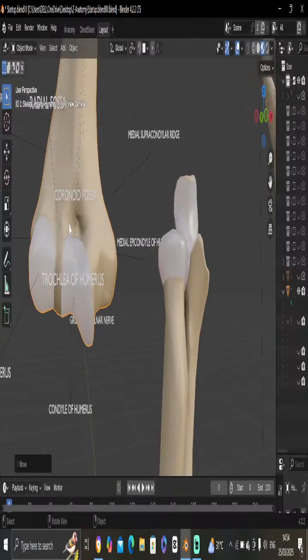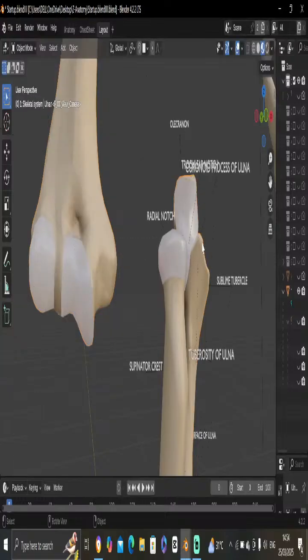We can see this area, which is a bit deep, the coronoid fossa, and it provides insertion points for this projection on the ulna. This projection on the ulna that I'm highlighting now is known as the coronoid process. Now, not to be confused with the coracoid process of the scapula.